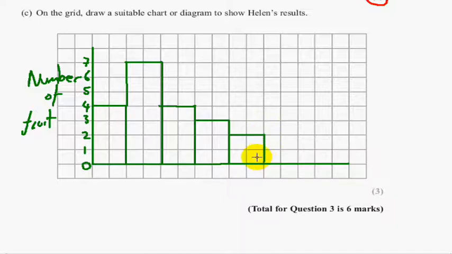So that's all done correctly, but we need to also label each of the bars. So the first one was apple. I'm not really going to have much space here, but I'm going to try my best. Apple. This bar here was banana.